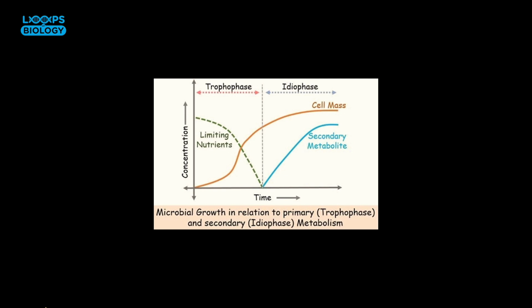If you are talking about at which particular stage the secondary metabolites are going to be obtained, that is nothing but your idiophase. Alright. In idiophase, what is happening? Let's see. As the time is increasing, we look at the number of organisms, or we are talking about nutrients as well.